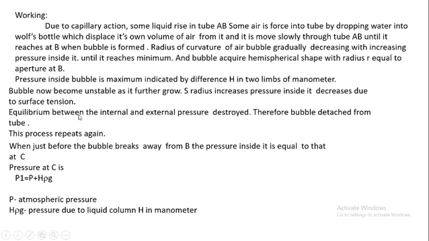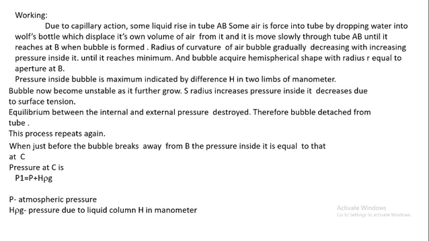The equilibrium condition between the internal and external pressure is destroyed after some time, so the bubble will be detached from the tube. Why is the bubble detached? Because the equilibrium condition is destroyed. Once the air bubble is detached, then you should measure the pressure.